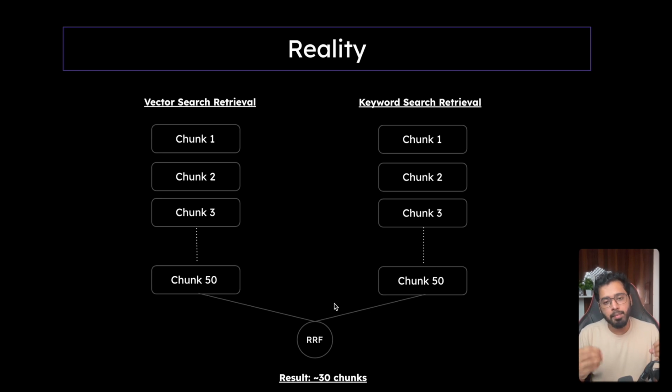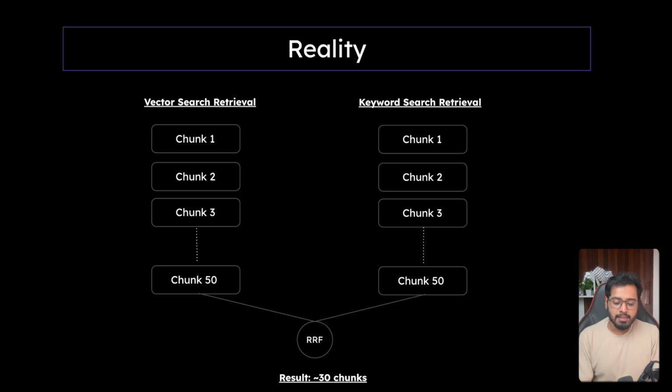There might be some duplicates, chunks that are repeated twice, and in that case they are going to be ranked. If you want to brush up your memory, go ahead and watch that video. So far, we have this reciprocal rank fusion algorithm that ingests all these things, and let's say hypothetically it gives us 30 different chunks.